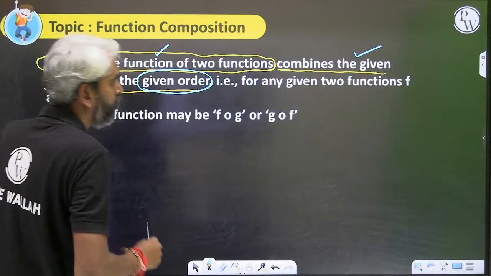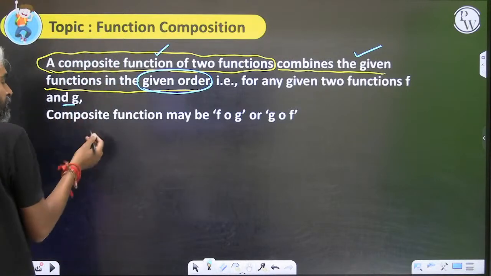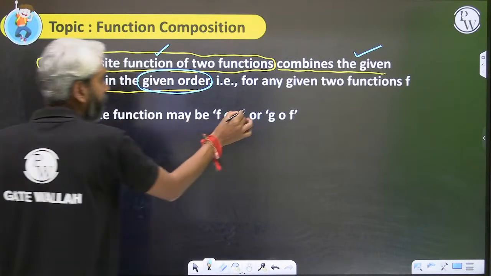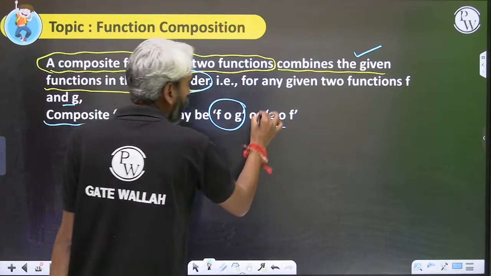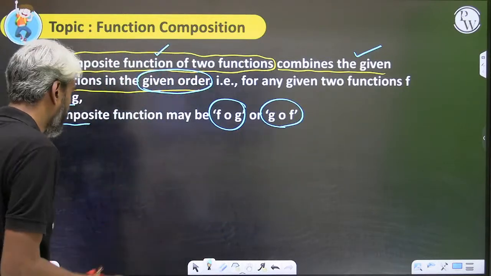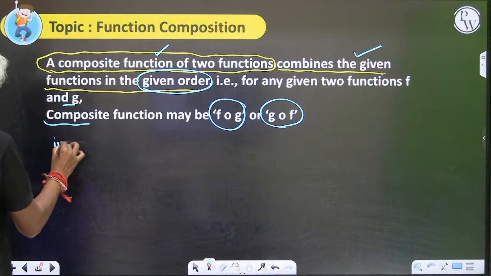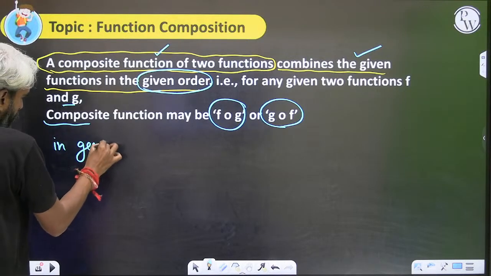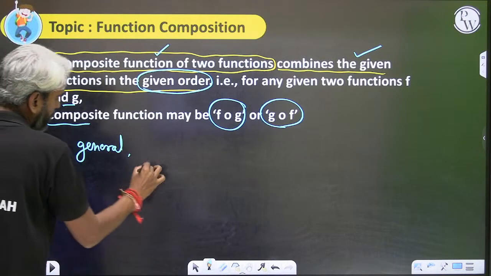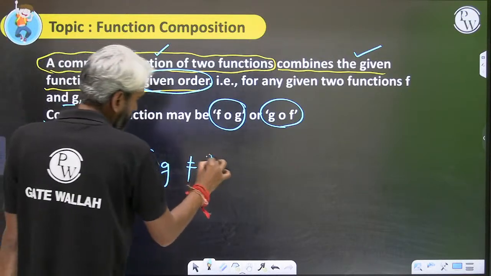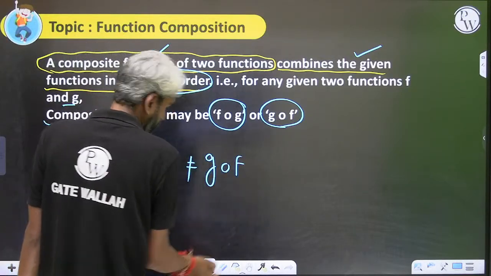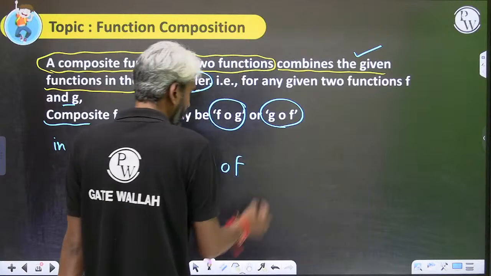That is, for given two functions f and g, the composite function may be f of g. If the order is f of g, then it will be written like this, or g of f. Please remember, in general, function composition is not commutative. In general, f of g will not be equal to g of f.